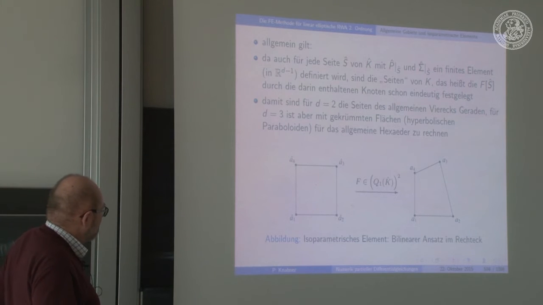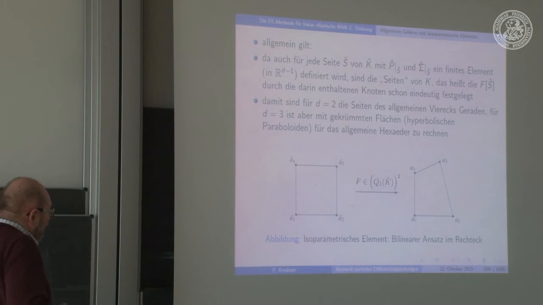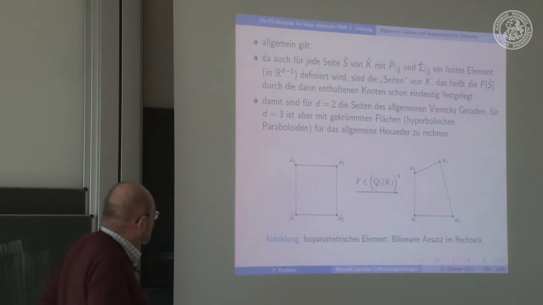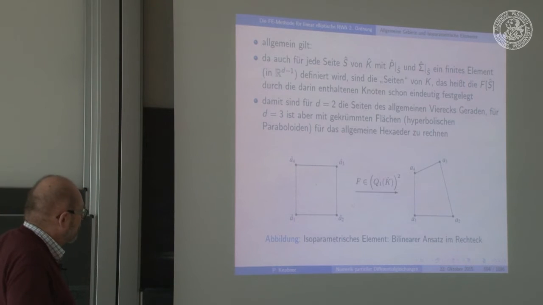So the question is, is it possible to map in this bijective manner, with a mapping of this type, the reference element, the unit cube, say, to a general quadrangle, Viereck? And the answer is basically yes, if we restrict ourselves to convex quadrangles.